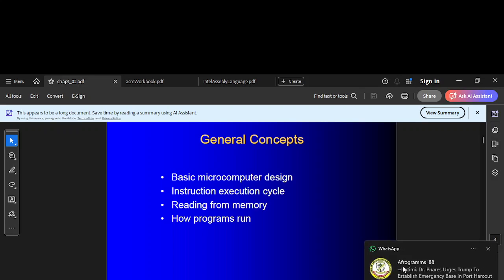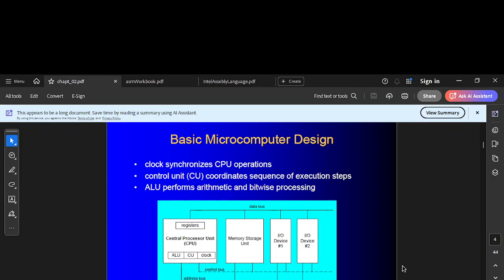We're going to consider its instruction cycle or instruction execution cycle. Please pay attention to that. We're going to also look at how information is read from the memory and how a program is run. So these are the concepts that have been considered as general concepts.